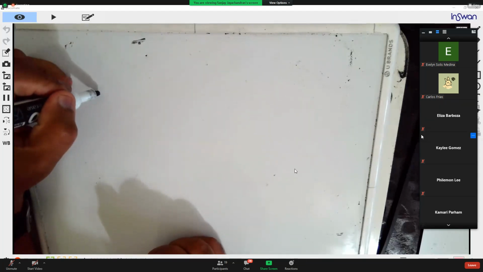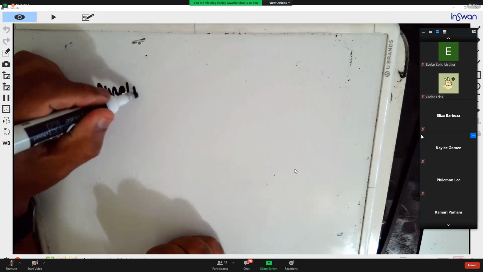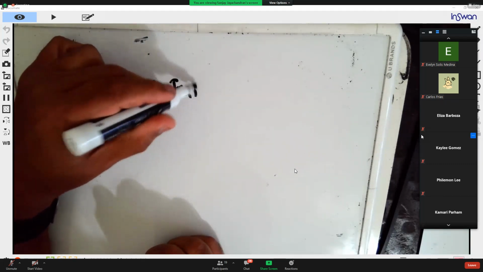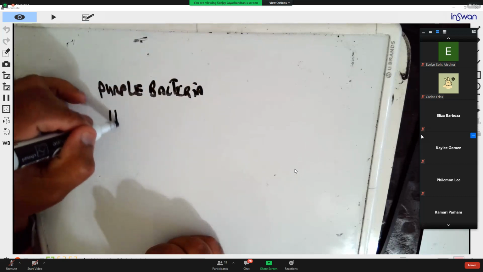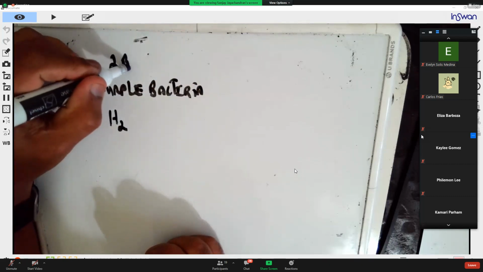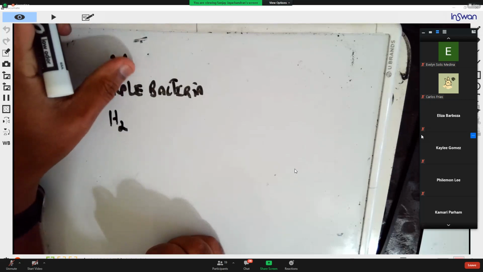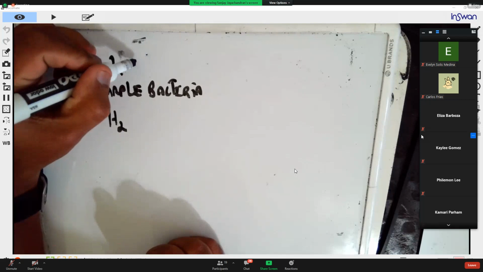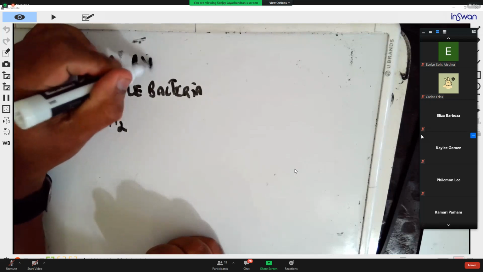They were purple bacteria. And they use a compound. So this is about 2 billion years ago. You kids are good with acronyms. This means 2 billion years ago.